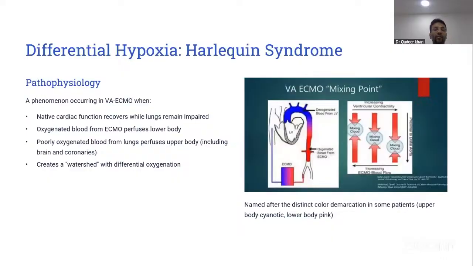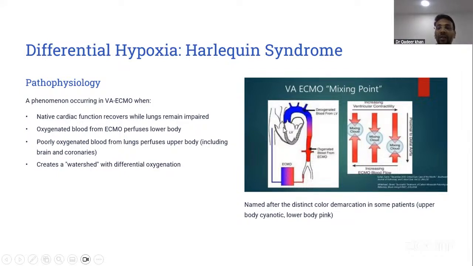The other thing we need to understand in VA ECMO is what happens when we increase the blood flows and the native heart function is good. There is a mixing point, where you return the blood to the patient through a femoral artery and the native circulation is also maintained. If your lungs are good enough, then the upper part of the body will receive oxygenated blood.